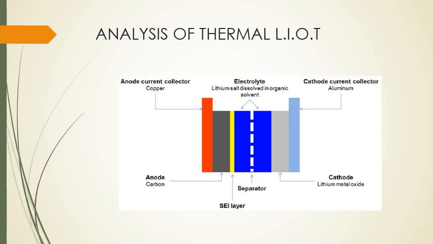The cathode lithium metal oxide is attached to the current collector aluminum, and the anode current collector copper is connected between two layers divided into the SEI layer with respect to their electrolytes, separated by two divisions.